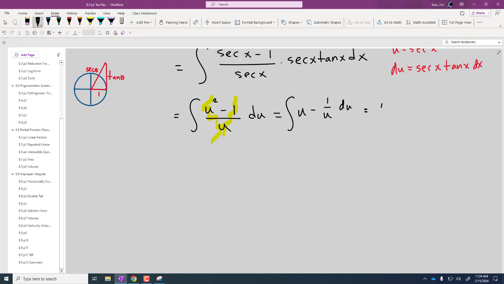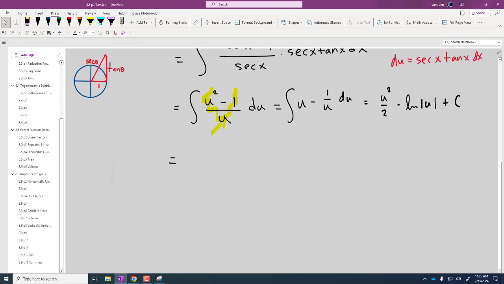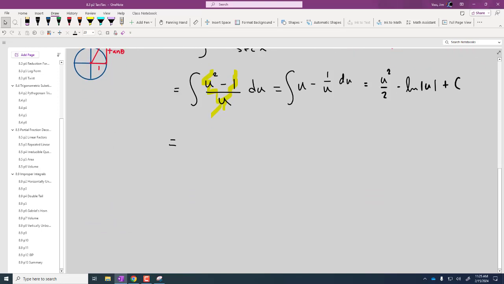The integral of u is u squared over 2. What's the integral of 1 over u? Natural log. Natural log absolute u plus c. The only thing left to do is back sub. So we have to remember that we let u be secant. So now we just replace the u's with secants.